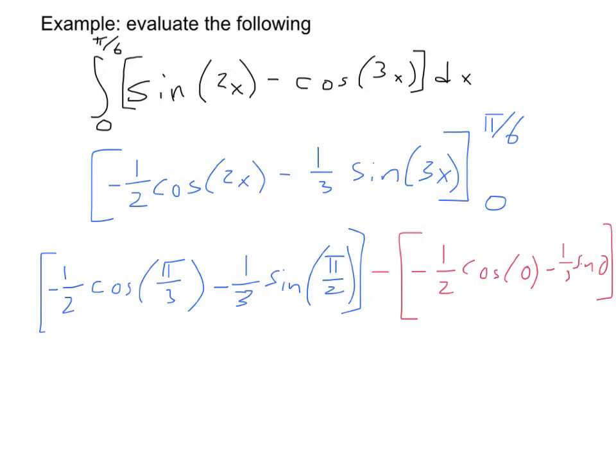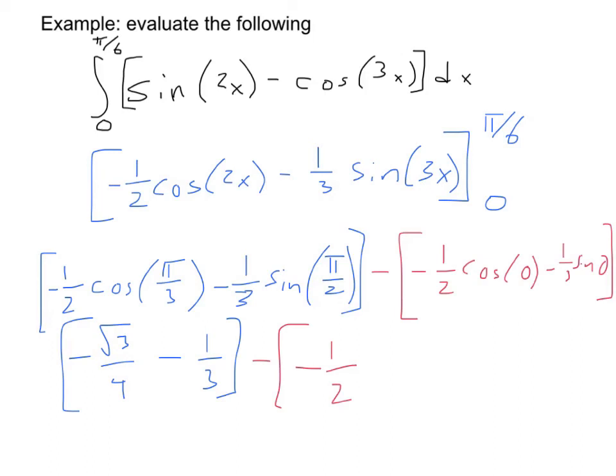And we're just evaluating at this point. The cosine of pi over 3 is root 3 over 2, so that's negative root 3 over 4. Minus the sine of pi over 2 is 1, so that's just minus 1/3. Then we have minus. The cosine of 0 is 1, so that's negative 1/2. And the sine of 0 is 0, so minus another 0.